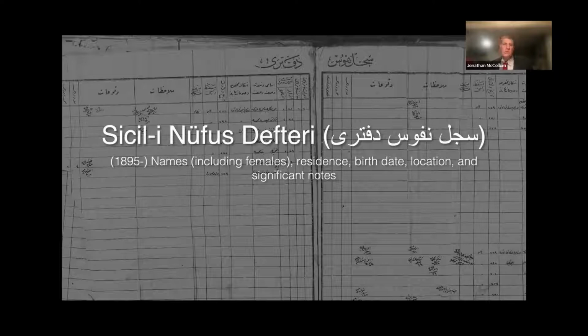Now, what we see is a further development of these records. As we're going through the Nablus records, we see that by 1895, this record, the Sigili Nüfus Defteri, becomes more prominent. What we see on this record is the names of the individual, including their sort of surname or the name that they were known by. We get a description of how the person looked, their date of birth.